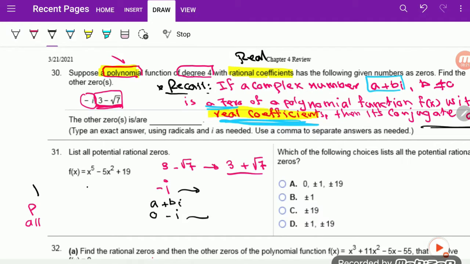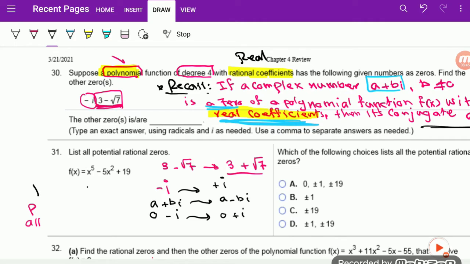The conjugate of a plus bi is a minus bi. So the conjugate of 0 minus i is 0 plus i, which is positive i. So we found another 2 zeros for this polynomial. Is it enough? Yes, it is, because we have a polynomial of degree 4.